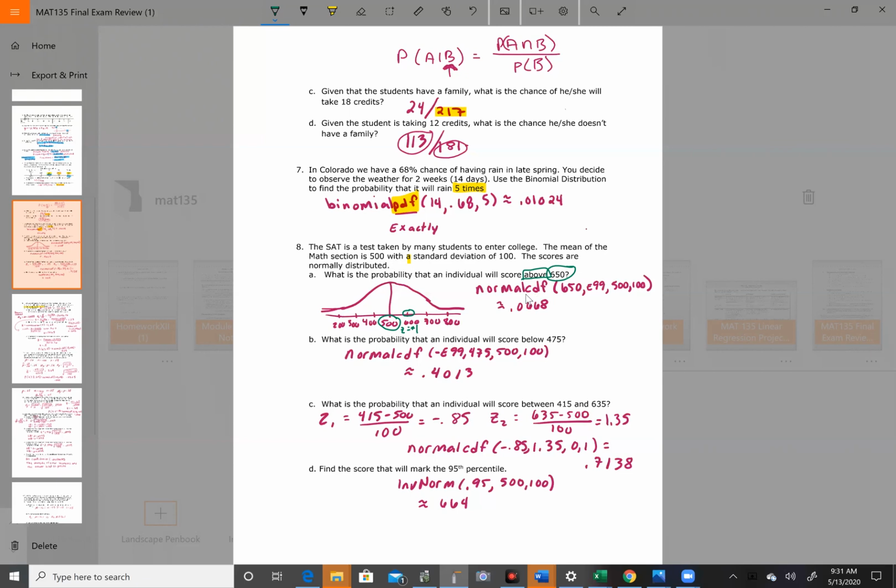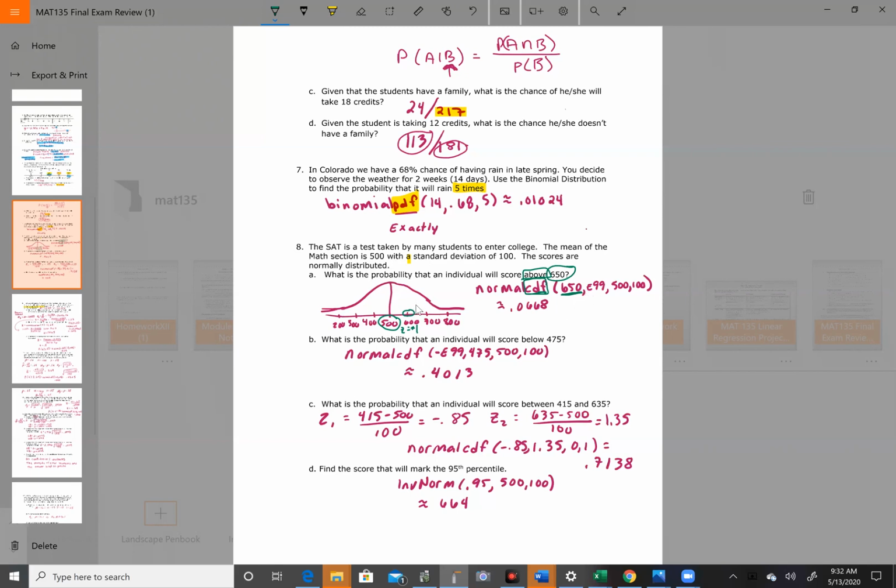So what we want to do is the CDF. So if you do normal CDF, again, you find that in the calculator under distributions. And what you're going to put first is 650. This does not include the 650. It's everything above 650.